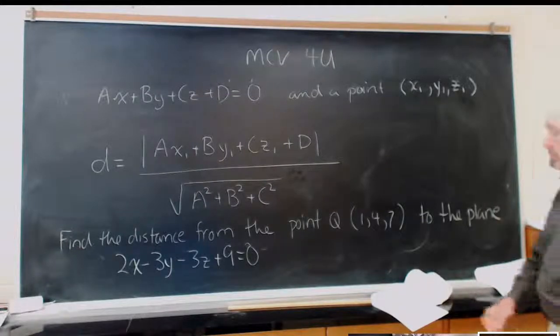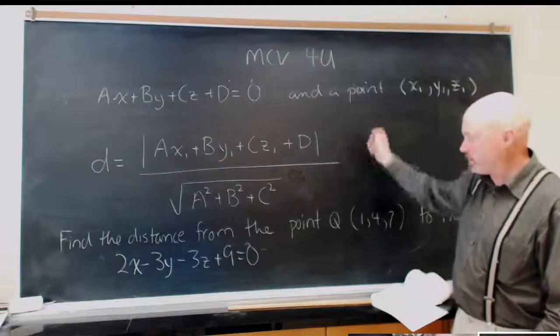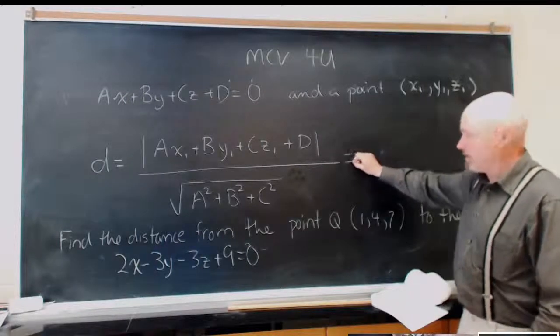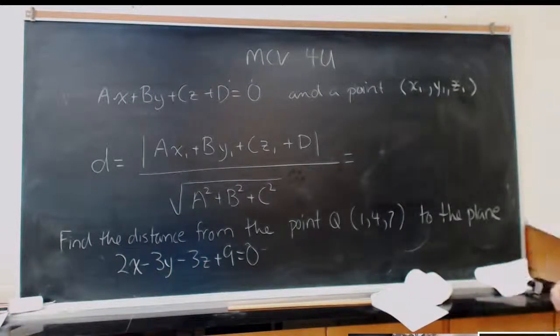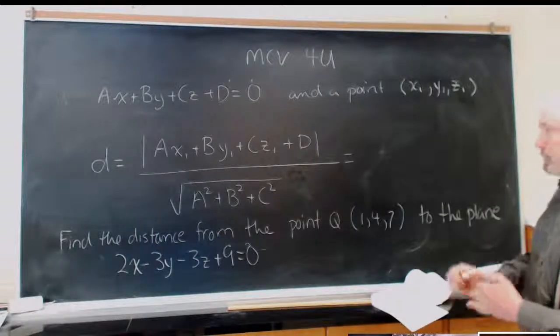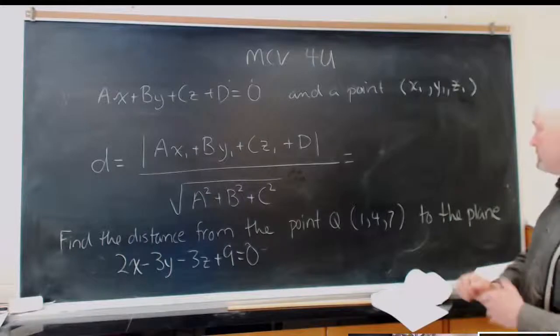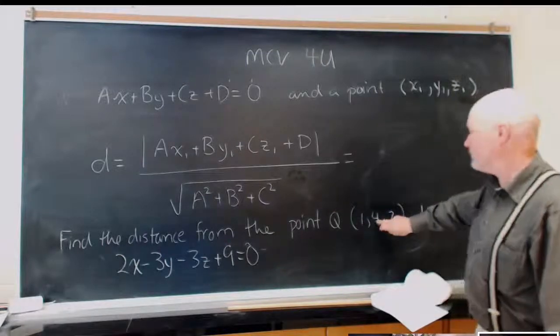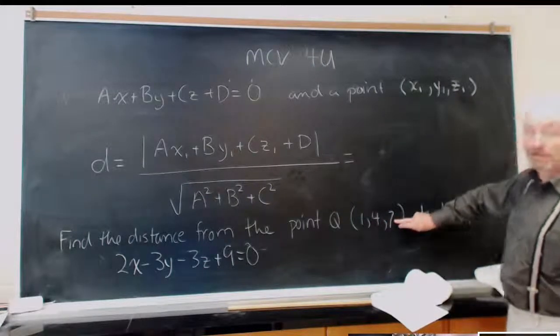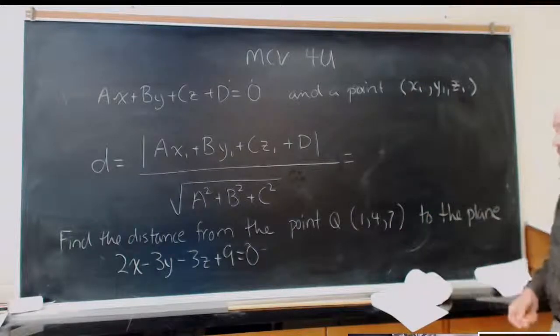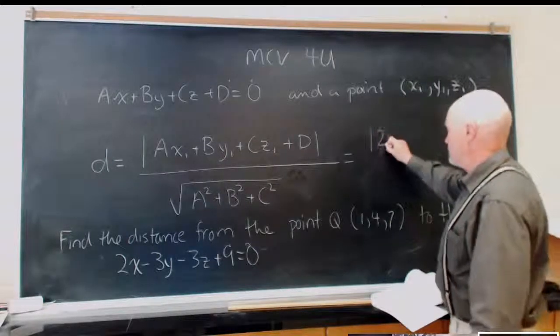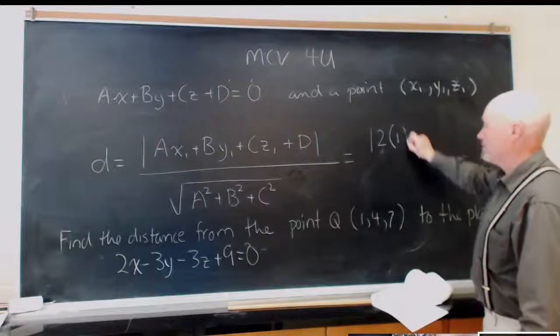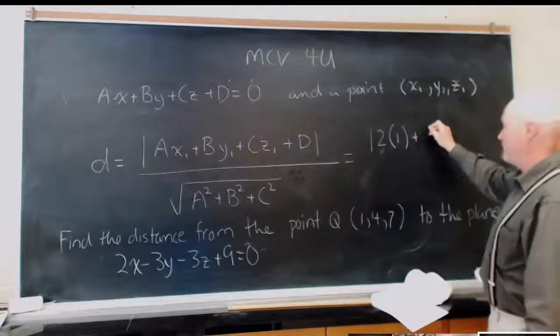Okay, so we're going to plug everything that we know into our nicely derived formula. My A is 2, my B is -3, my C is -3, and my D is +9. My X1 is 1, my Y1 is 4, and my Z1 is 7. So that's all we have to do. It's just plug and play from here on in.